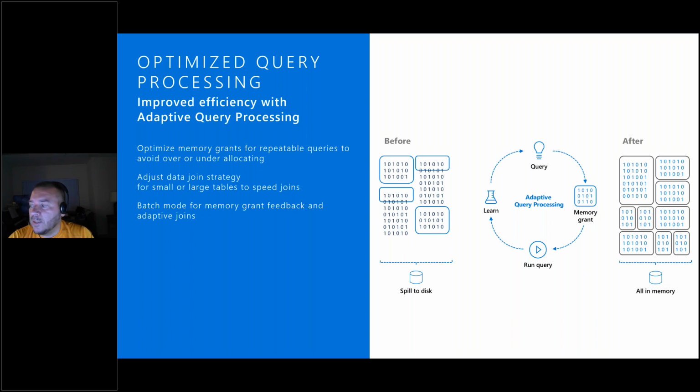So this is one of the improvements in the query engine that is automatically enabled when you update to SQL Server 2017. If you have had any experience with memory spillovers, you would see lots of query performance improvements in your existing environment with the same data.